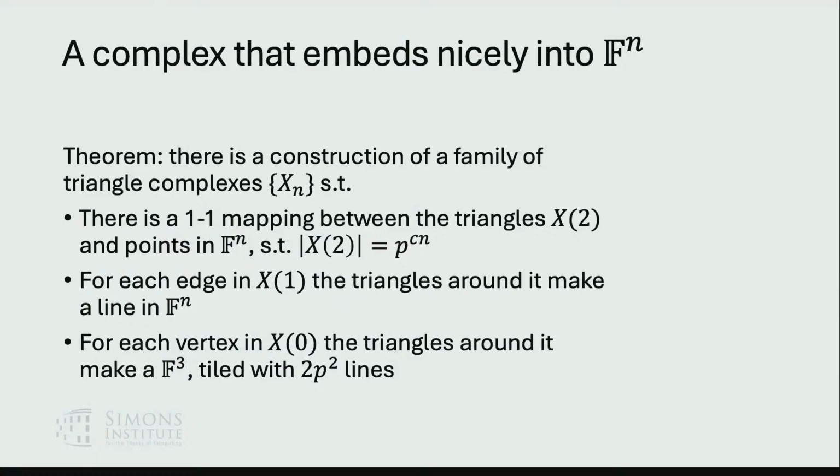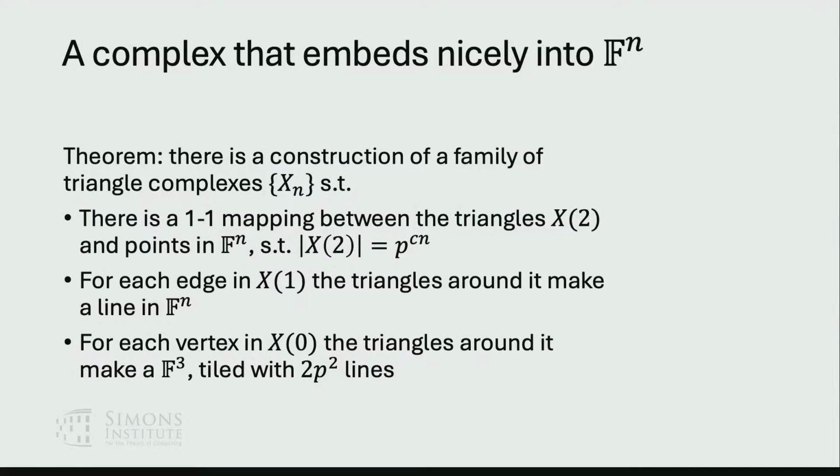And more interesting, I mean, this part you can always do. You can take any graph and arbitrarily map each one of its triangles to some point in some space. But the interesting thing here is that for every edge, if you look at the triangles touching this edge, the points that they map to are going to be an affine line. So this makes the embedding non-trivial.